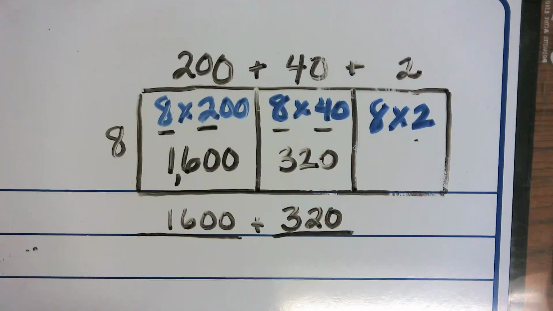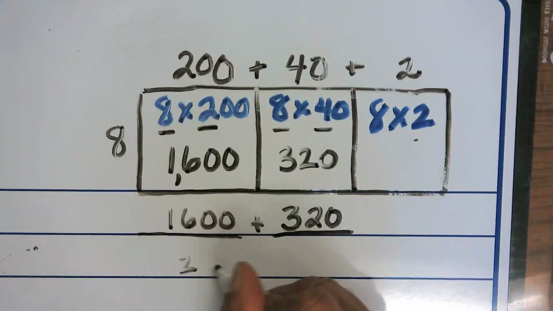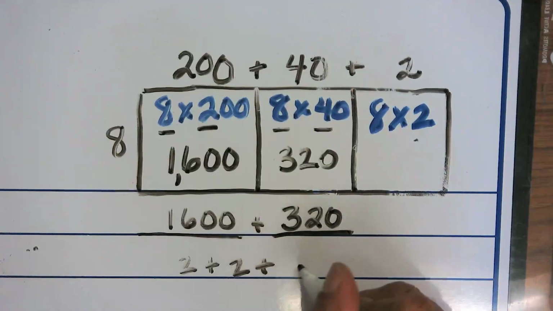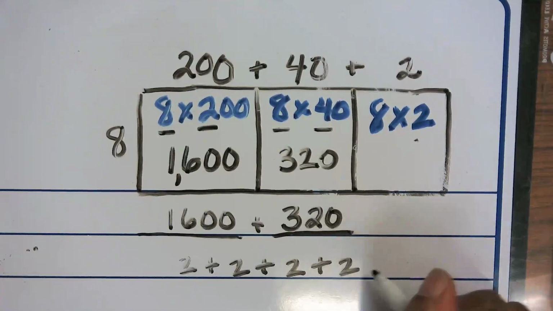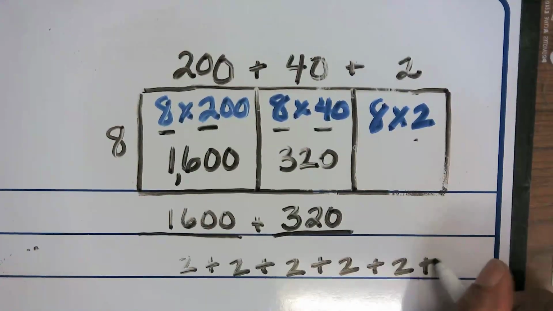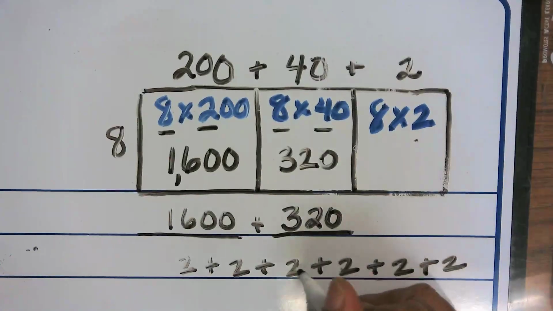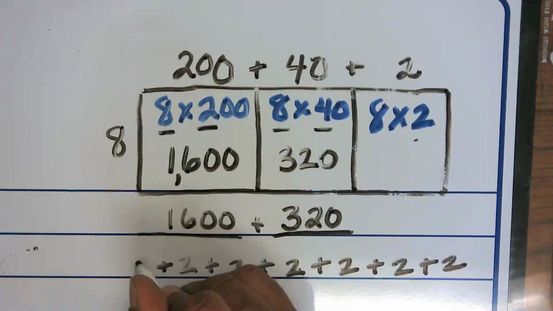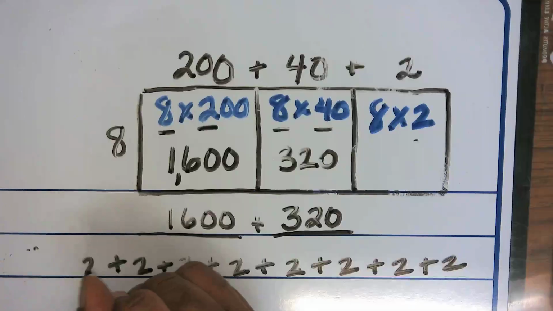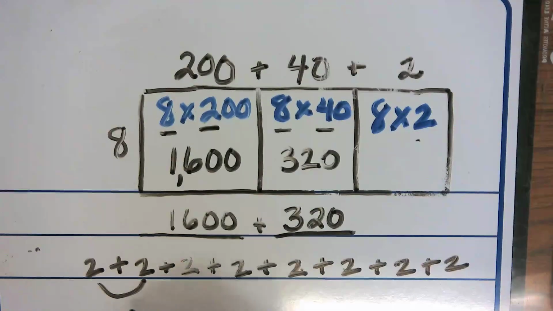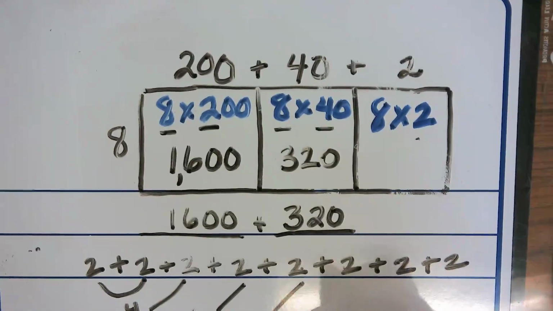8 times as many as 2 is 2 plus 2 plus 2 plus 2 plus 2 plus 2. 1, 2, 3, 4, 5, 6, 7, 8. Well, 2 plus 2 is 4. 4 plus 2 is 6. 6 plus 2 is 8. 8 plus 2 is 10.